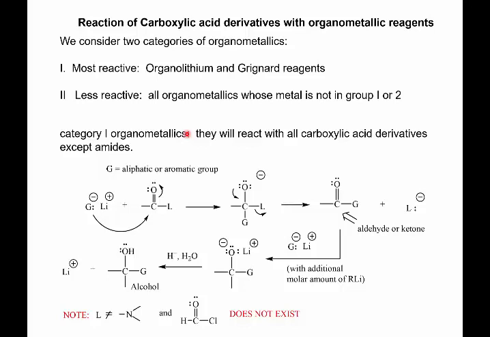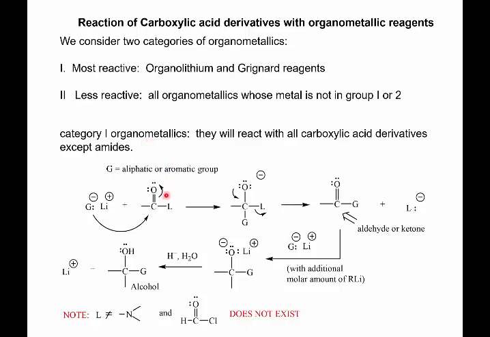All right. Now, first, let's look at a case of a carboxylic acid derivative reacting with a category 1 organometallic. Well, the story is, because they're so reactive, they'll react with all carboxylic acid derivatives, well, except amides. Amides are actually the least reactive of all of the carboxylic acid derivatives.